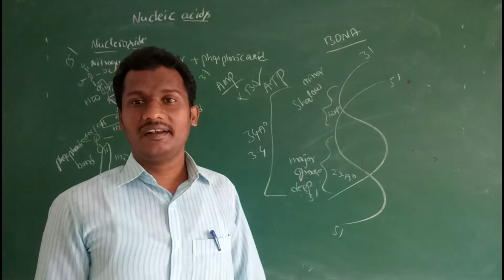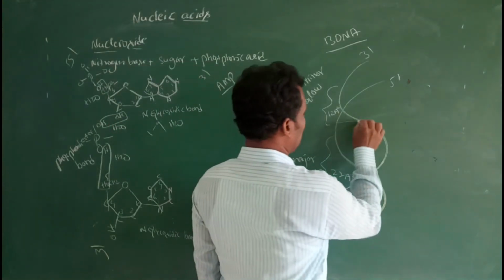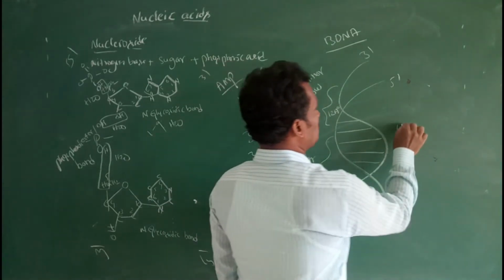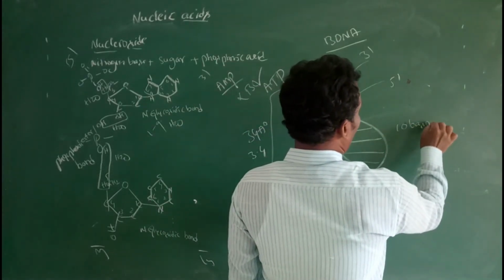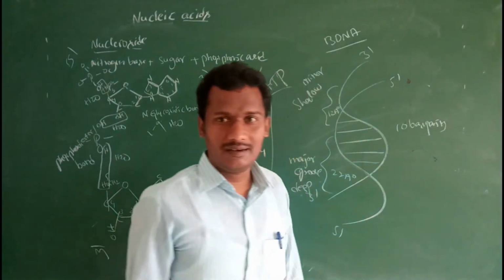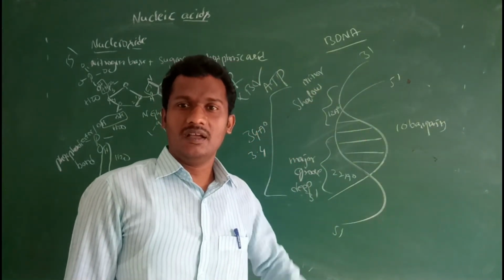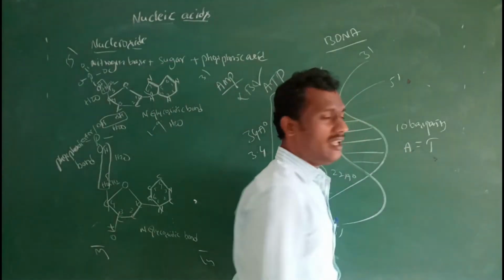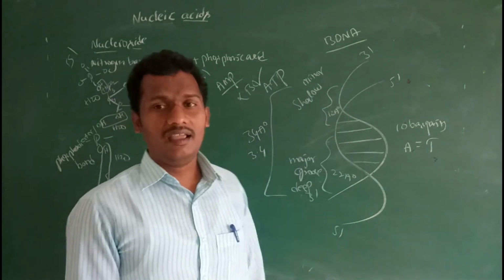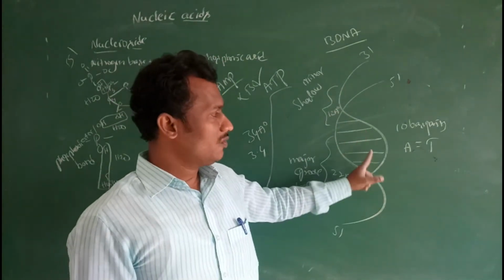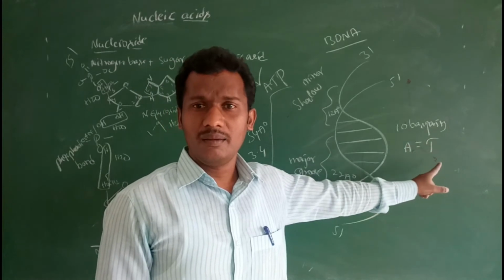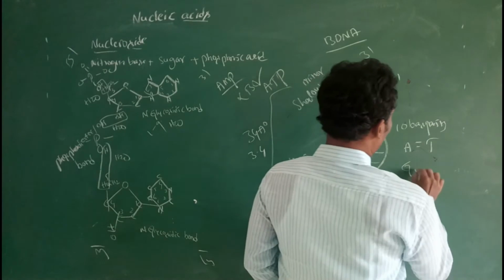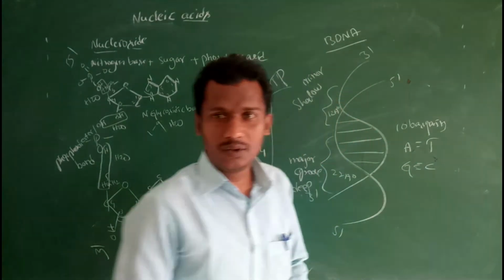Each turn contains base pairs. In B DNA approximately 10 base pairs are present. One base pair means one purine and one pyrimidine, for example adenine and thymine. One pyrimidine always comes opposite to one purine, then guanine and cytosine.